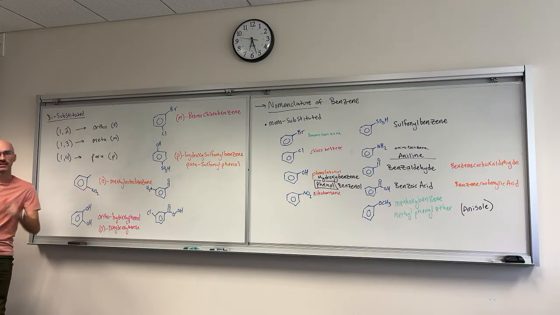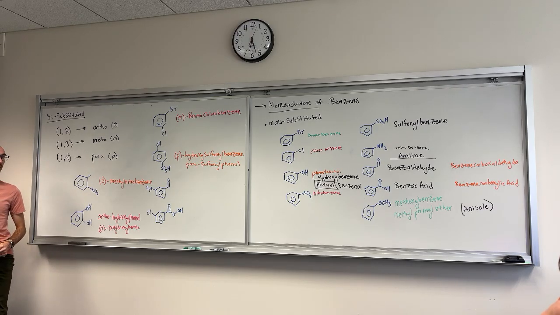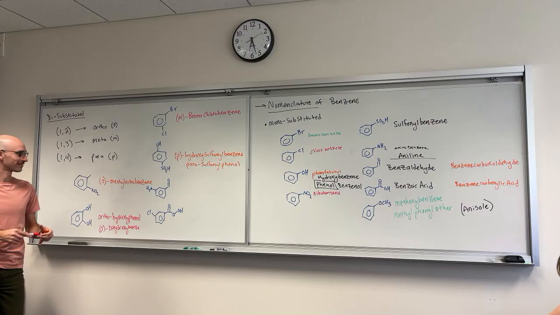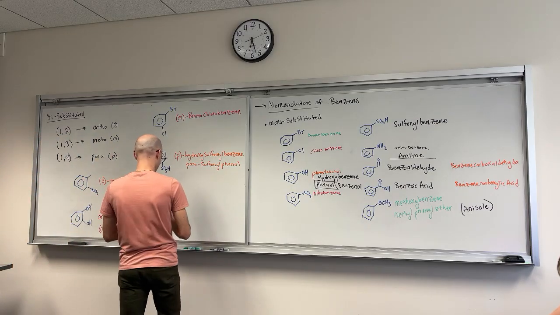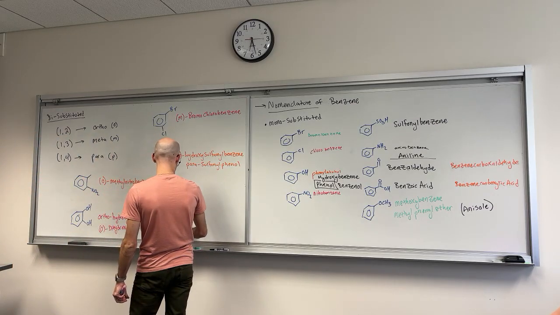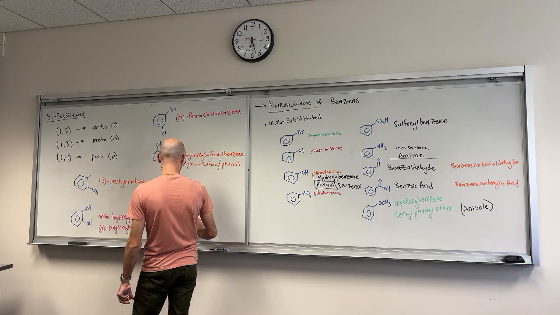Good. Nayira, did you want to give me one? Did I see your hand raised? It was one of those, but I can try the bottom one. Sure. The bottom one is a trick, by the way. If you know it, I have told you it in OChem 1, but it is a trick. You can give it a shot if you want. Meta. Chloro. Off to a good start.